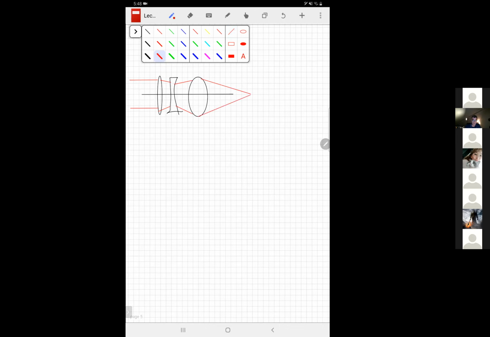However tedious it might be to calculate that, we could say this is definitely our right focal plane. Any questions on that idea?